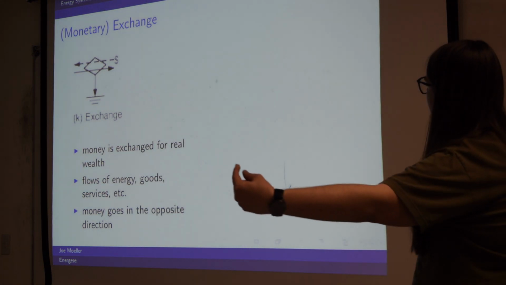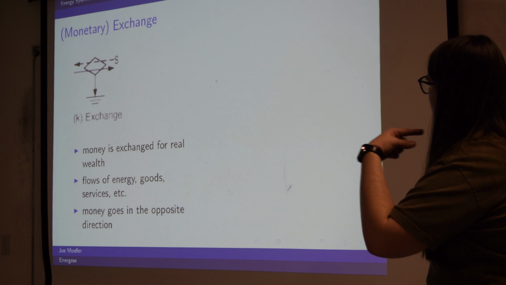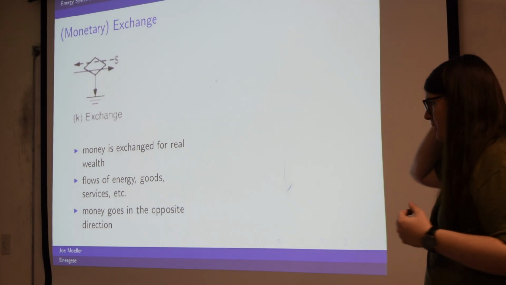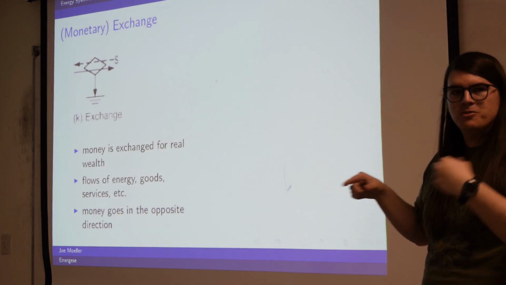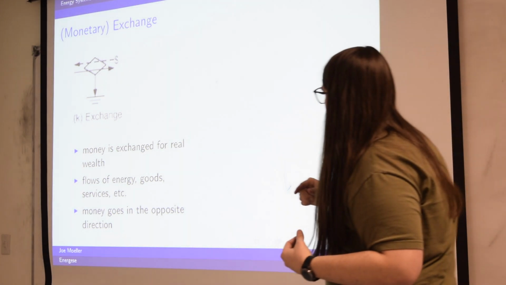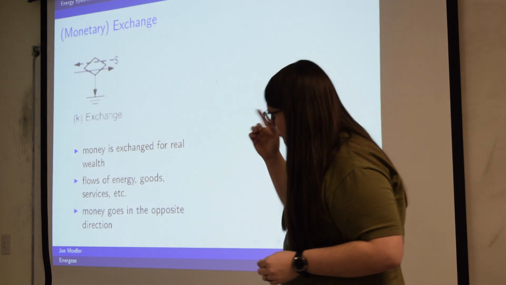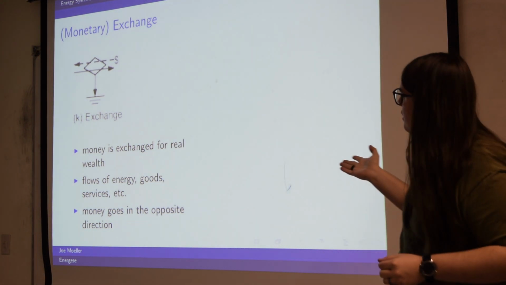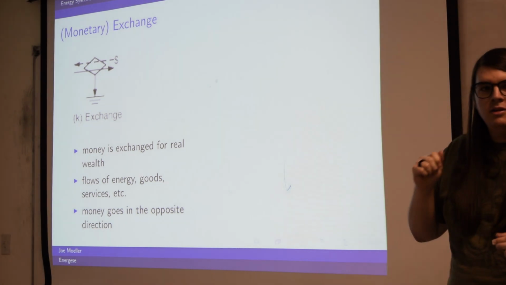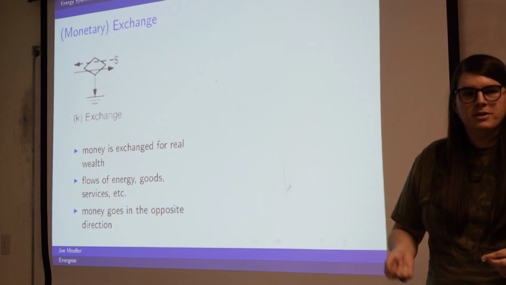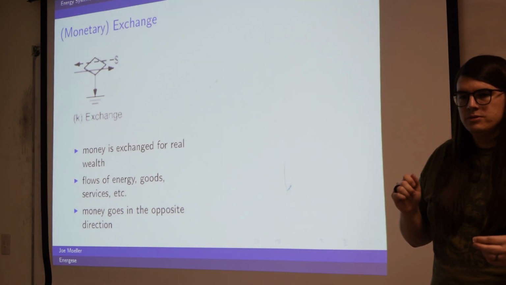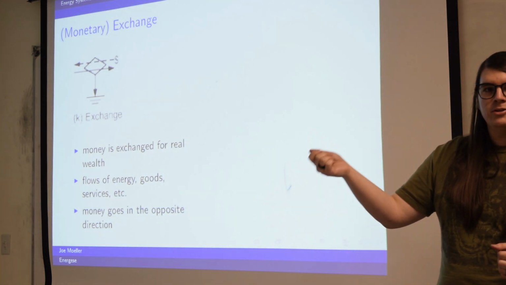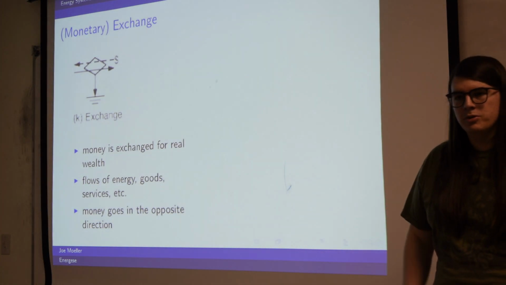So the solid line is real stuff, and the money goes in the opposite direction and is exchanged for the real stuff. And the heat could potentially be ignored in this situation if the process of paying for something has a negligible amount of energy lost in it, so that handing someone $1 is negligible heat.